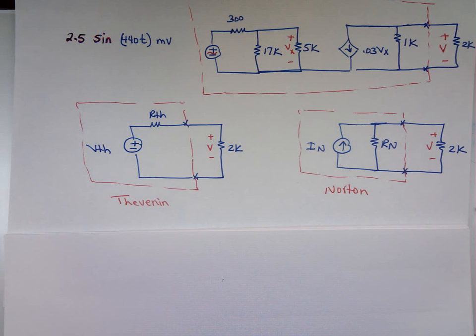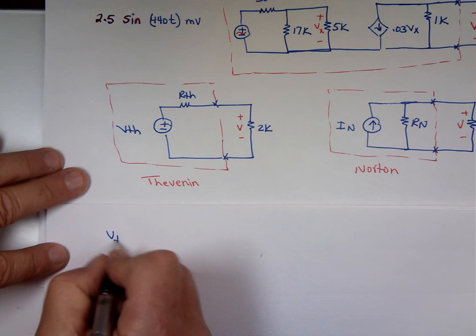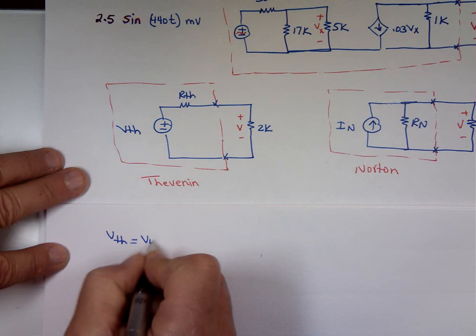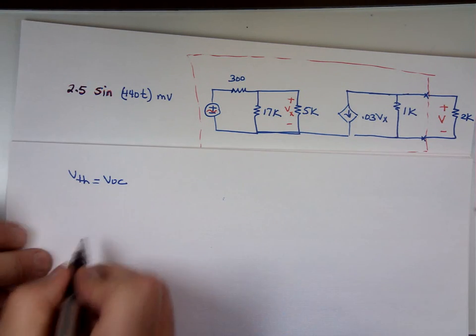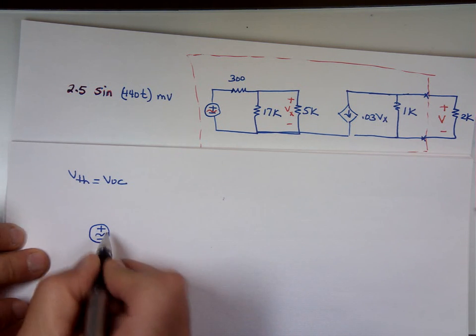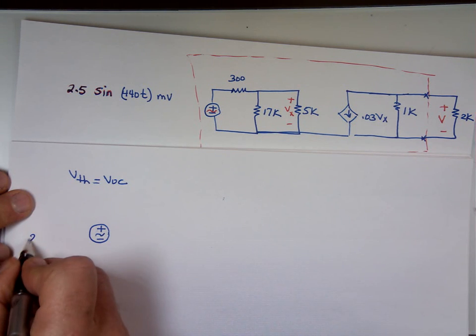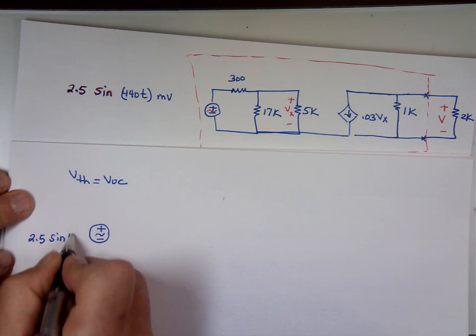So let me find V Thevenin, which is V open circuit. Take this circuit, chop it right there. I don't like writing all this. Sine 440t. That's in millivolts.